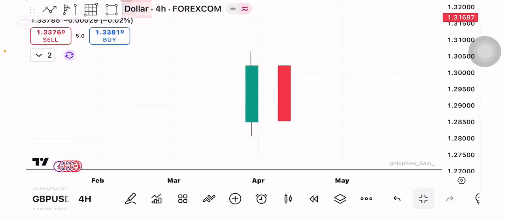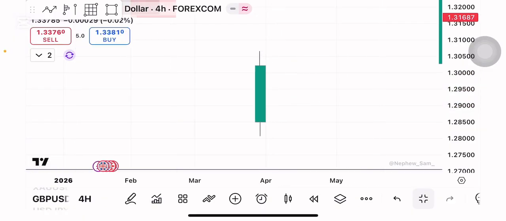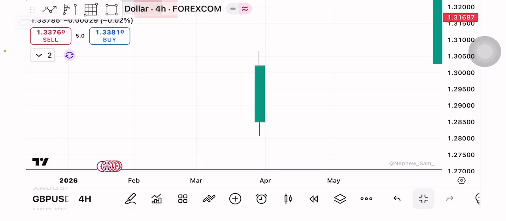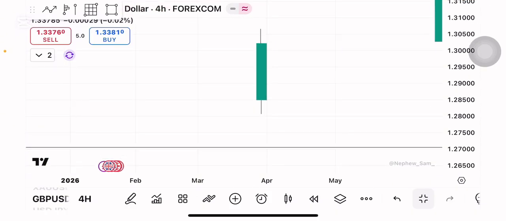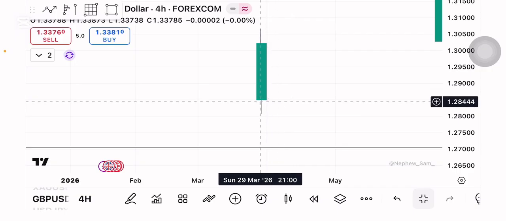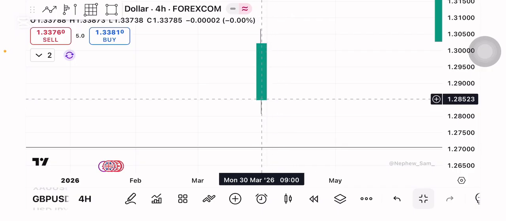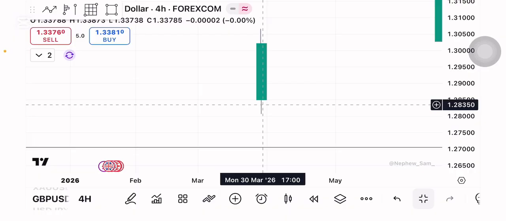So now, first of all, we're going to start with what is a bullish candle. This is a bullish candle. So what is a bullish candle? It is any candle that has its close above its open. What they're trying to tell us is that a bullish candle opens from here, then sellers come into the market and push price down, then buyers come in and push it back up.